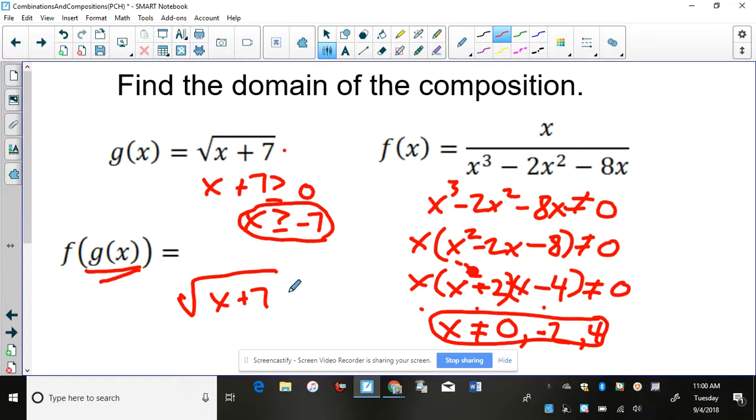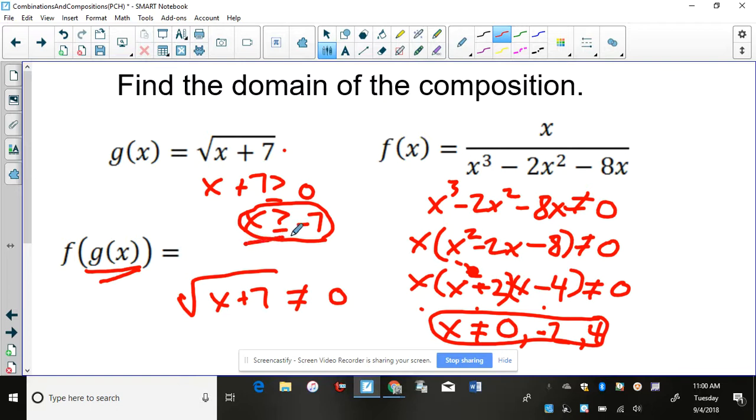But I have to say, okay, this square root of x plus 7 can't equal 0. Because if I plug a number in here that gives me a value of 0, that 0 is then going into this for every value of x. And then once this is 0, this is 0, and this is 0, the entire denominator is 0, the whole thing falls apart.